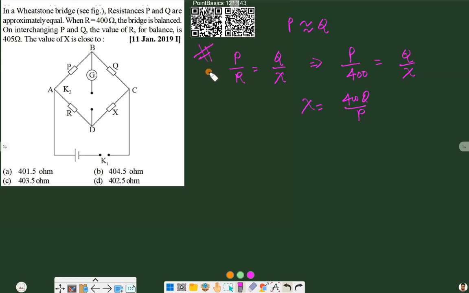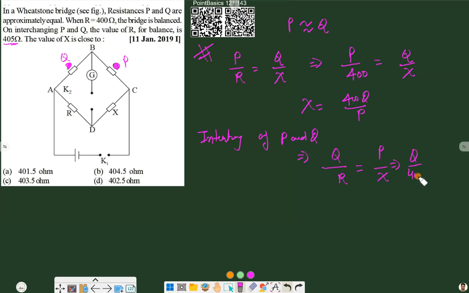Now this was the initial case. Now interchanging will happen, interchanging of P and Q. Now P and Q are interchanged, so here we have Q and here we have P. And now the bridge is balanced for the value of R 405. So in the second scenario, the balance condition will be Q by R equal to P by X, and now the value of R is 405.